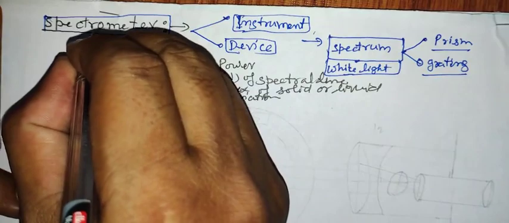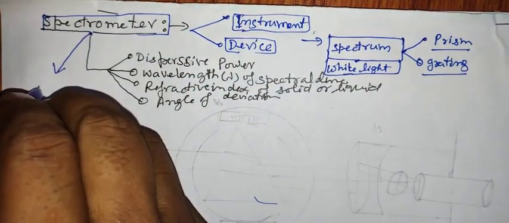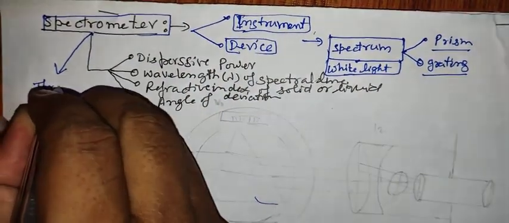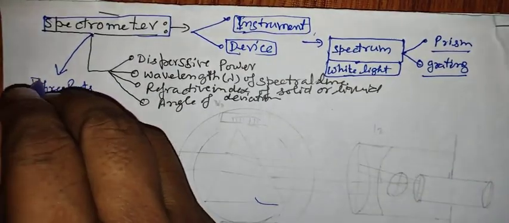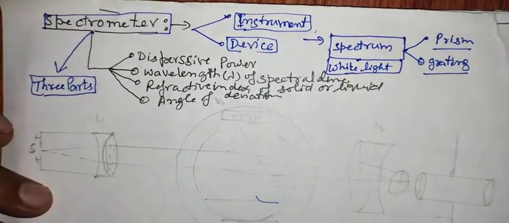This spectrometer consists of basically three parts. Now let us see the three parts.